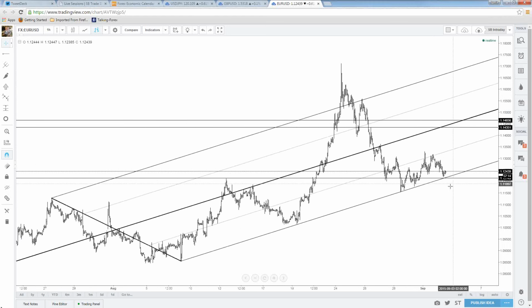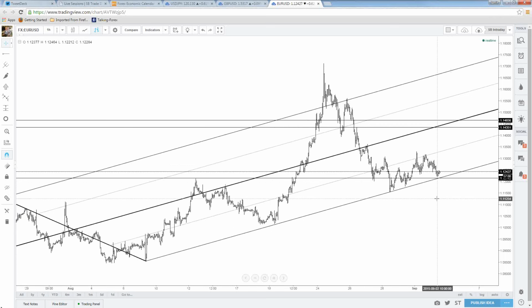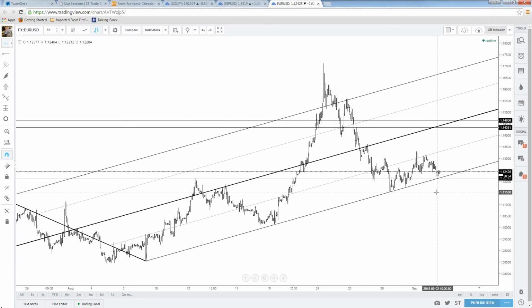There's support here. You can go with all the analysis methods you want. At the end of the day, we have support. So I want to be long euro. And it's highly skewed to the long side at this point.